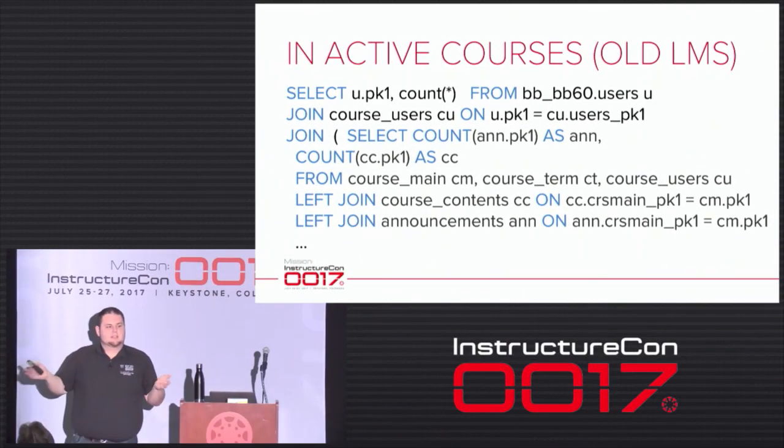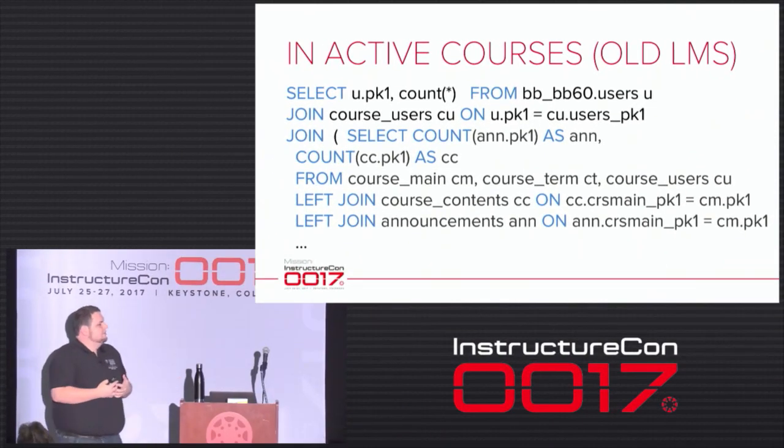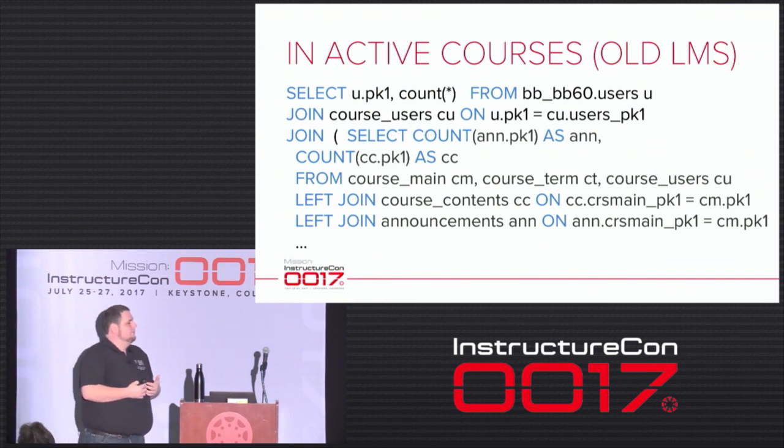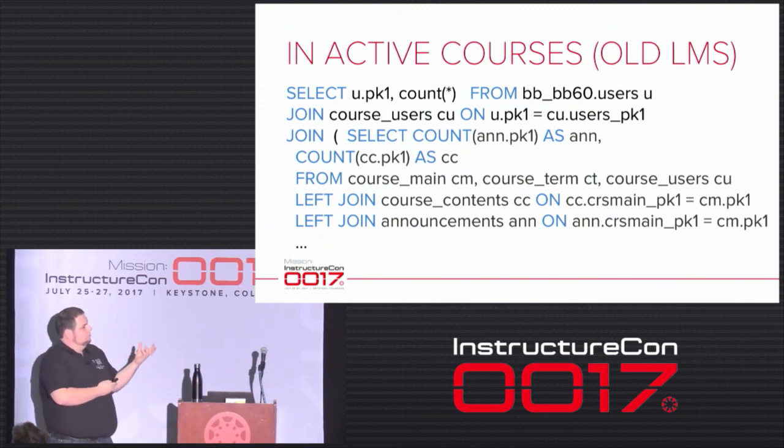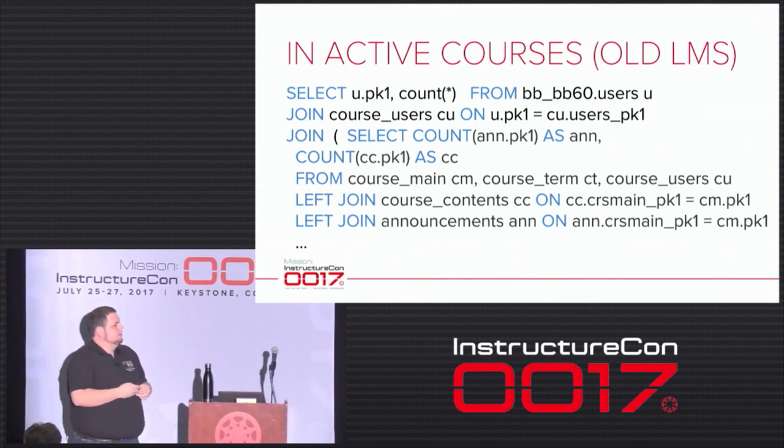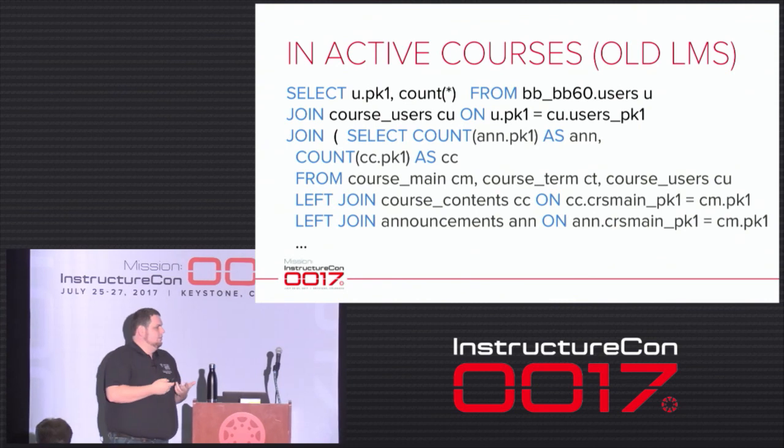That's its homepage and its most popular feature with all of our faculty. And there's also one that's called course content. So to find active courses in Blackboard, I join users to their enrollments to account for how many records there are in announcements and course content.